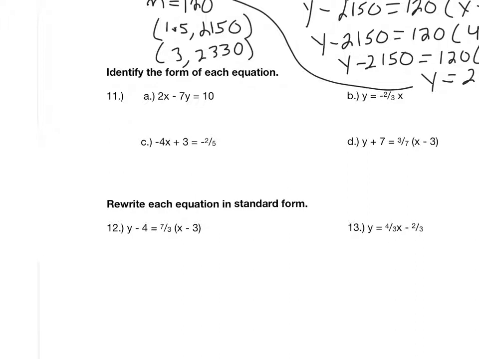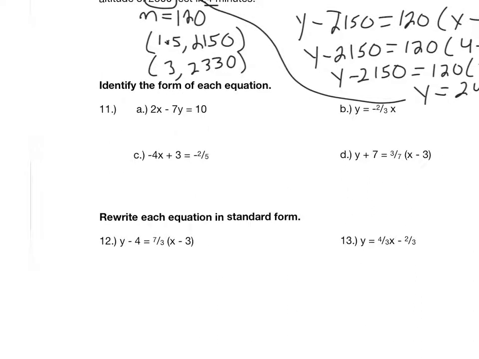So quickly, you need to know how to identify these. This is going to be standard form, ax plus by equals c. This is going to be slope-intercept form, y equals mx plus b. Remember, this would just be plus 0. So that's slope-intercept.